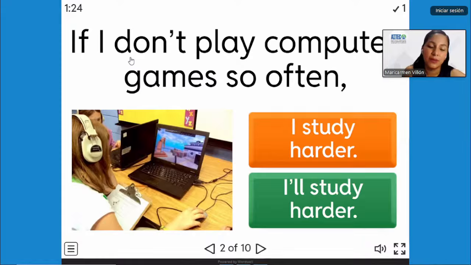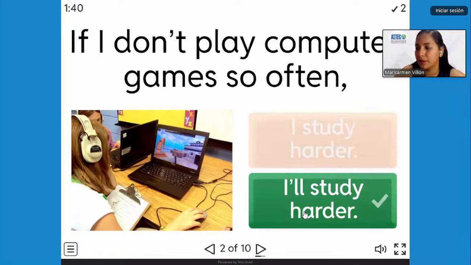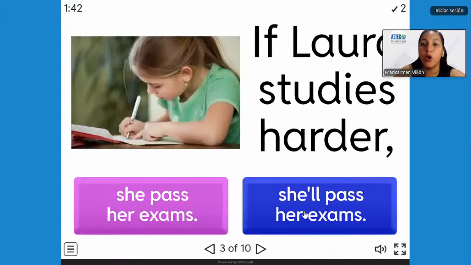Y aquí se están utilizando bastante las contracciones. Fíjense que usted dirá I'll, pero la forma larga es I will. Excellent. I will study harder. Okay.